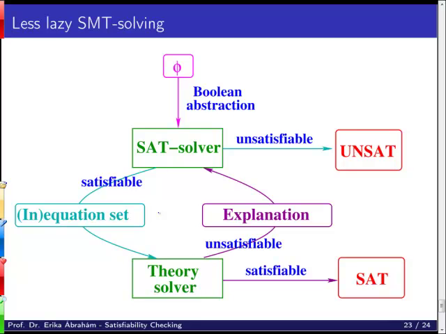If you have a lot of clauses, a lot of variables, then finding a Boolean solution can already be complicated. And perhaps already at the very beginning, you made some assignments which are not consistent in the theory. So it would be better to already contact the theory solver for a satisfiability check for a partial solution.